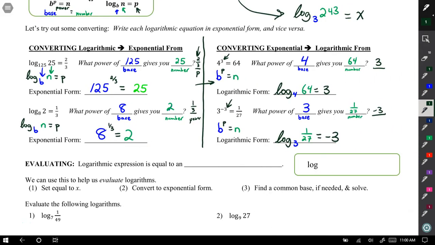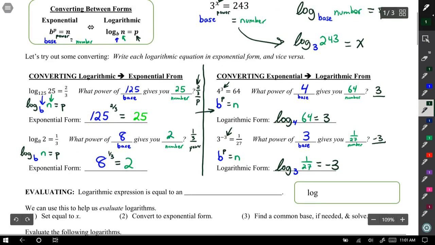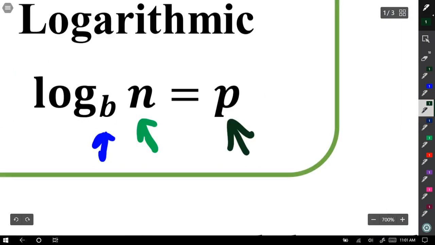You need to know the terminology, base, number, power, and where they go for each one. And that's kind of what this part outlines for you. So the bottom line is, what is a logarithmic expression equal to?